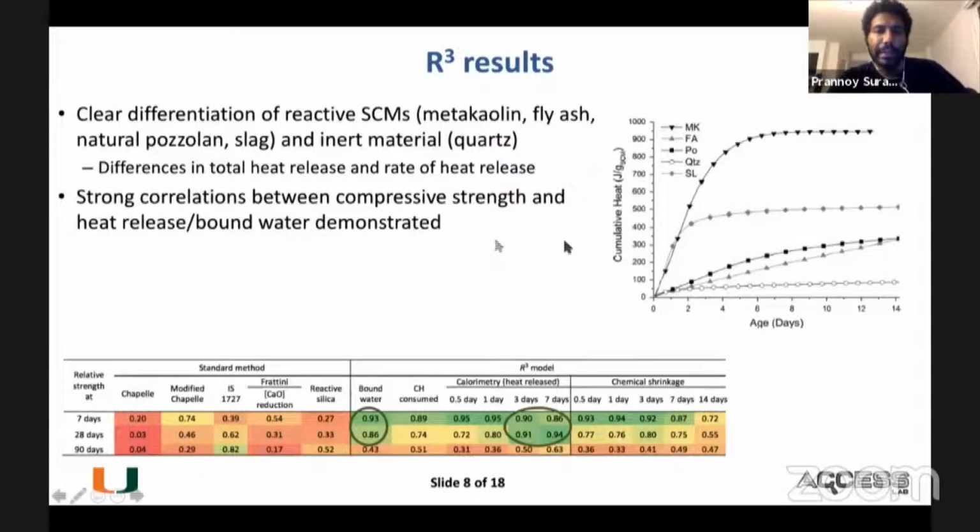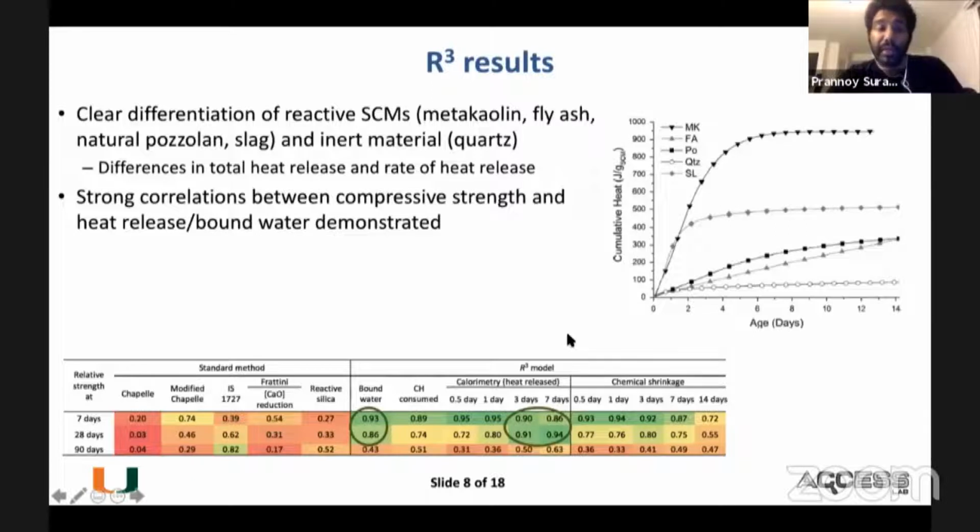So these are results taken from Snellings and Scrivener, and they basically show that you can very clearly differentiate a very reactive SCM, slightly reactive SCMs, and inert materials. And you see differences both in the total heat release and in the rate of heat release.